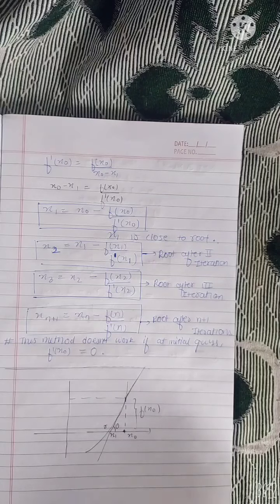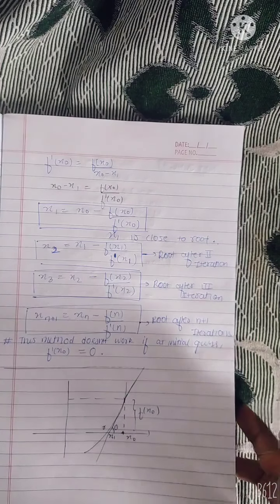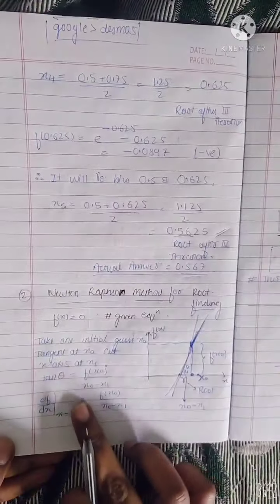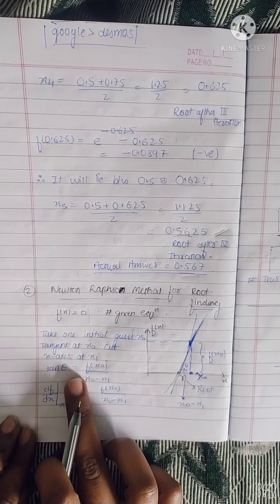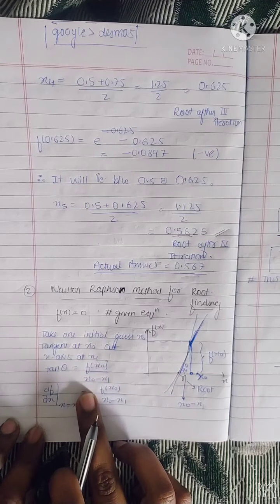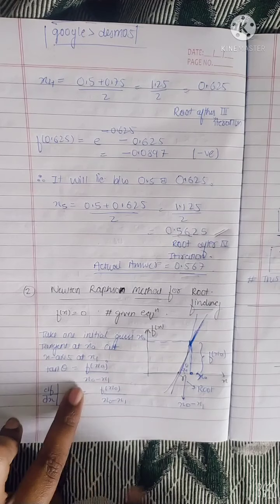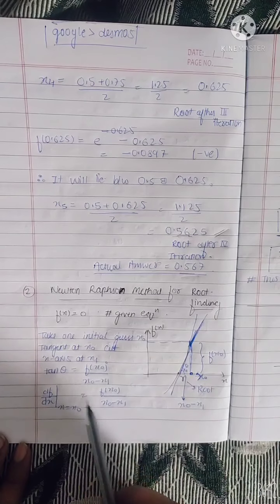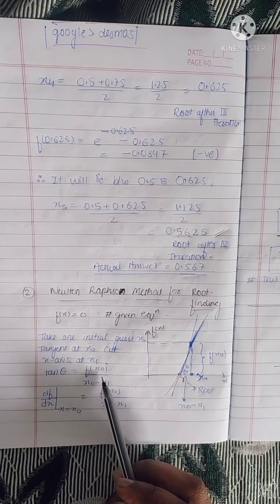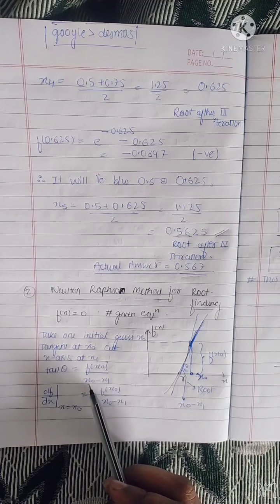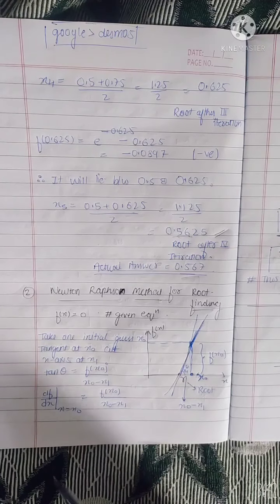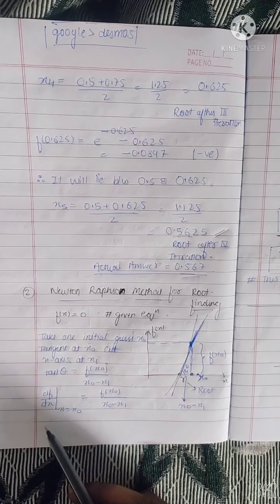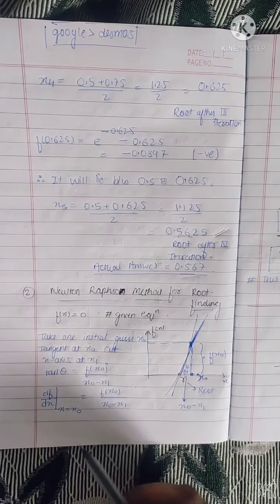Now what do we know about the slope? Slope is the change in height upon change in the base. That is basically the tangent. So what we get here is tan theta is equal to f(x0) upon x0 minus x1. This point is x0, this point is x1. Tan theta can also be written as df by dx at x equal to x0.